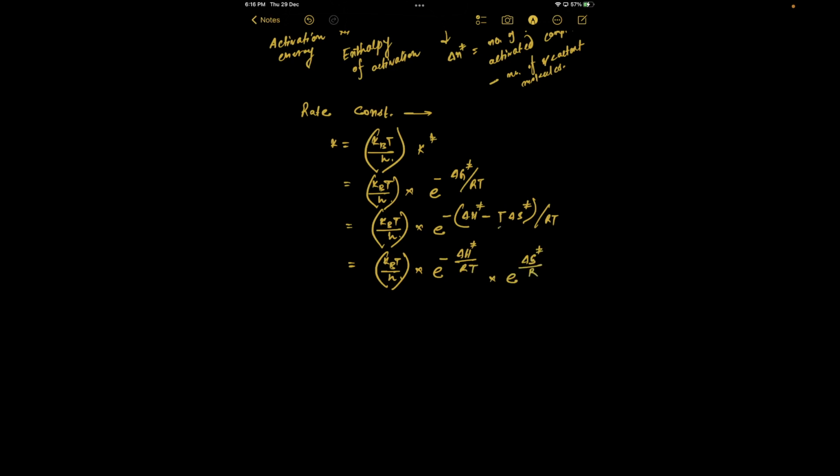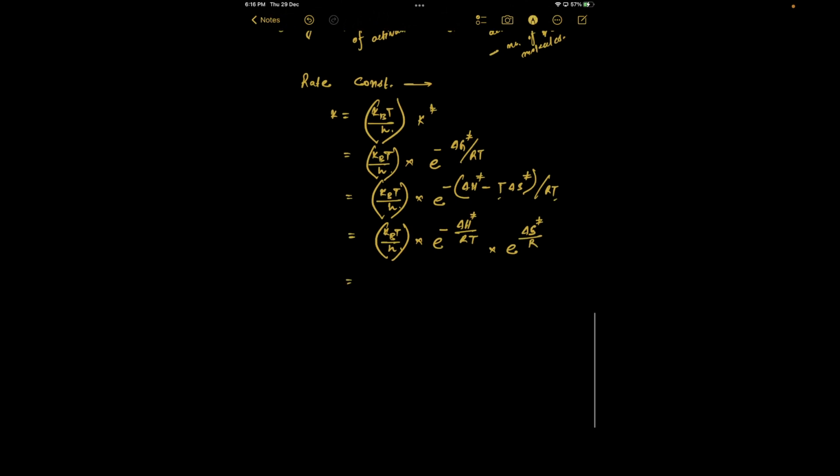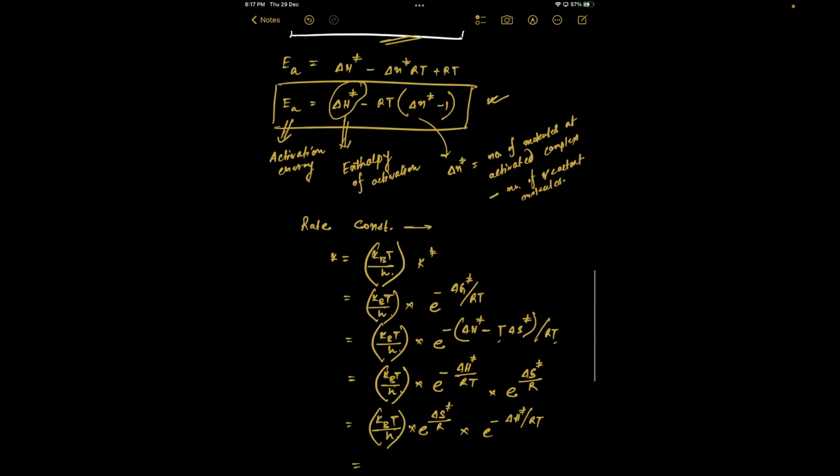This T and this T will cancel, so it will be R. So just make some rearrangement: kBT divided by h times exponential delta S double dagger by R times exponential minus delta H double dagger by RT. Okay, now just replace delta H double dagger with this equation.